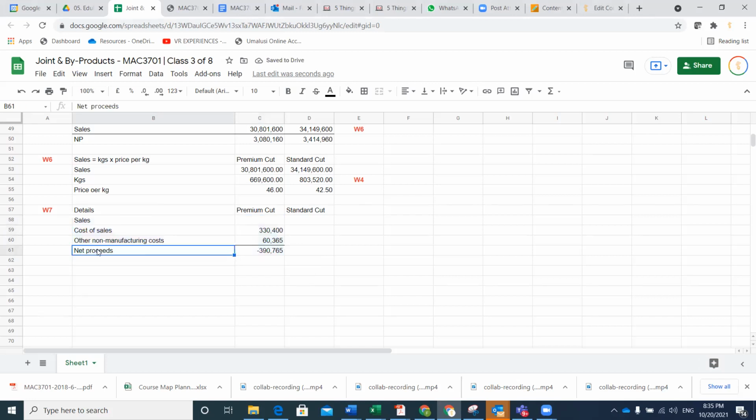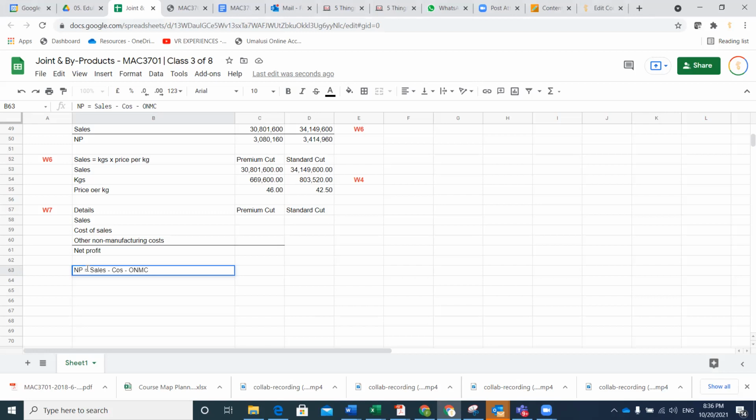So this is going to be net profit. Just understand that net sales minus cost of sales minus other non-manufacturing costs will equal net profit. Remember, net profit equals sales minus cost of sales, and you just call it other non-manufacturing costs.